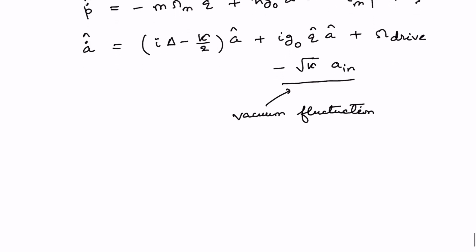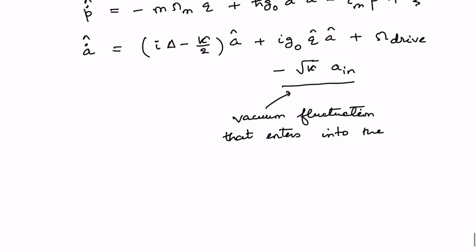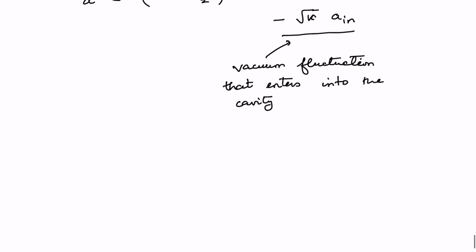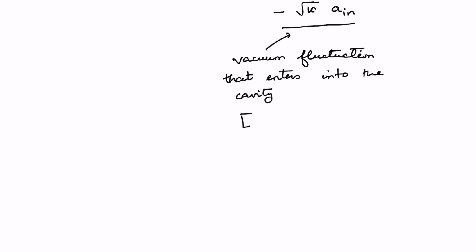So this is the vacuum fluctuation that enters into the optical cavity, and this also has to be taken into account, because only then is the commutator A A dagger equal to 1 preserved when the cavity interacts with the environment.